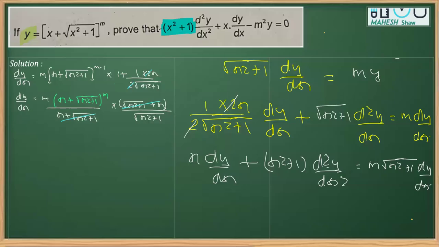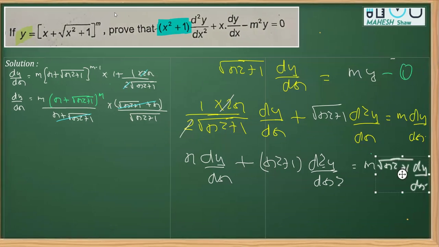I just figured out that I can replace this thing from equation 1. Let's say I mark this as equation 1, this can be replaced with my. As you can see, this is my.